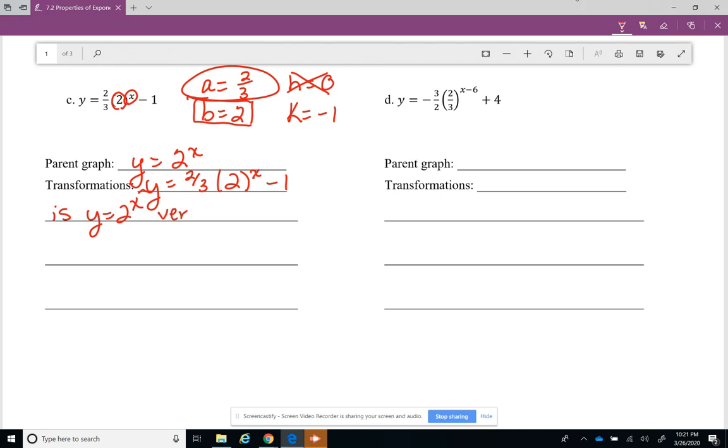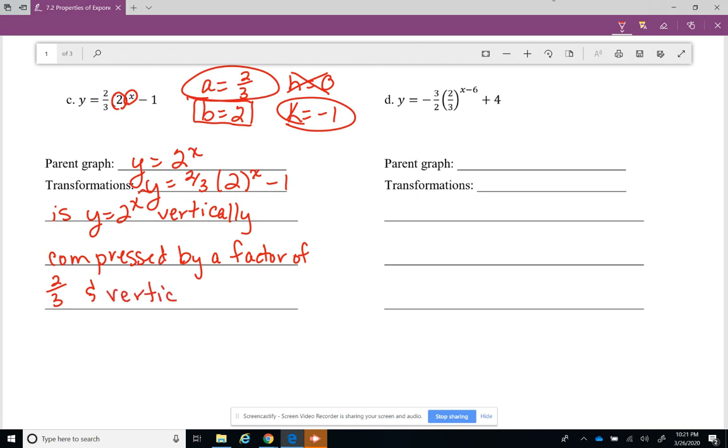So vertically compressed by a factor of 2/3. And the k tells us whether we're going up or down, so that's vertical too. And vertically shifted, since it's a -1, we're going to go down 1 unit.